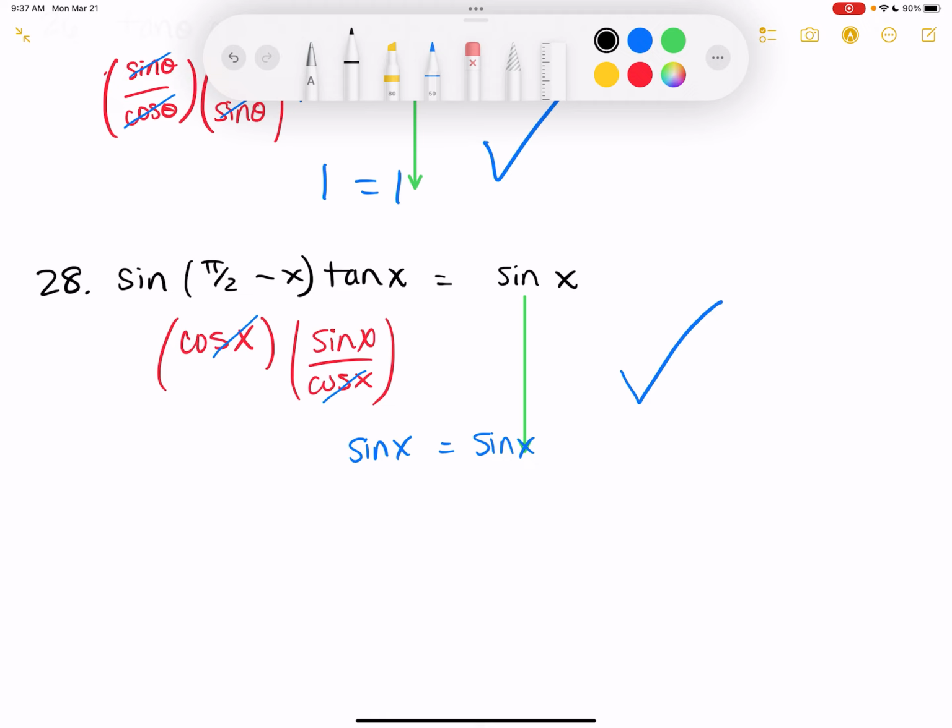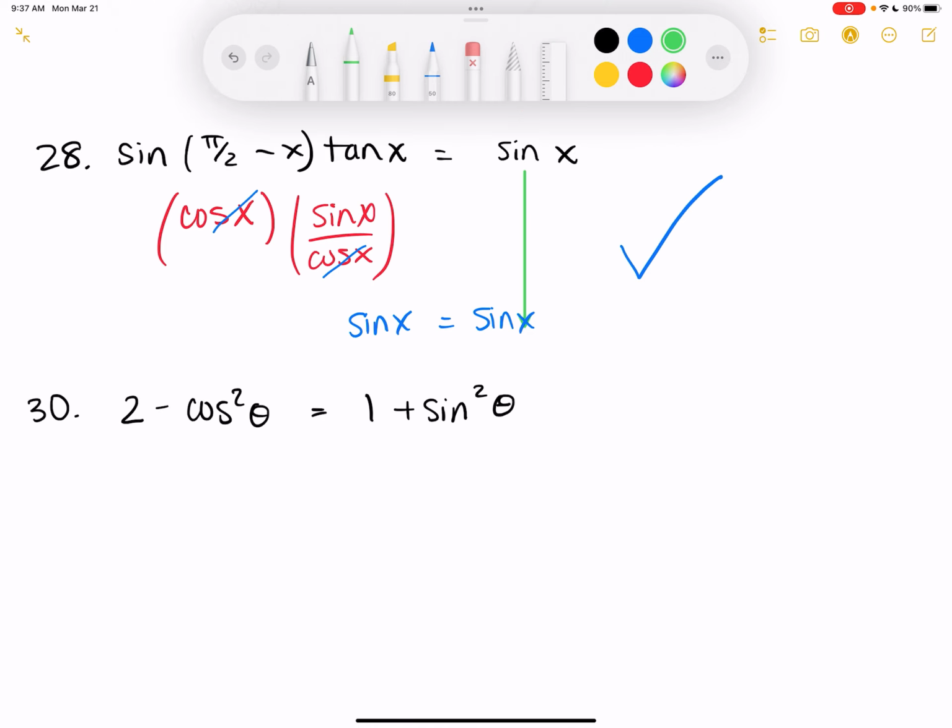All right, 30. And some of these are going to take a little bit more thinking than some of the others. So 2 minus cosine squared of theta is equal to 1 plus sine squared of theta. Okay, so draw your line down.